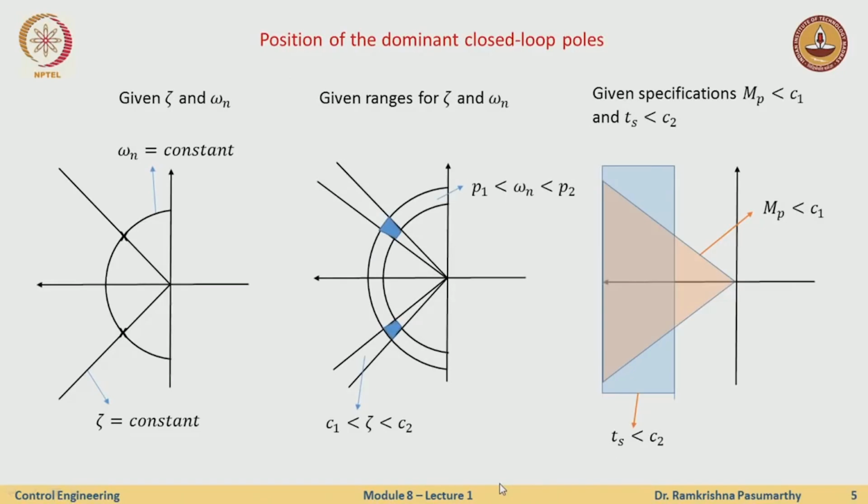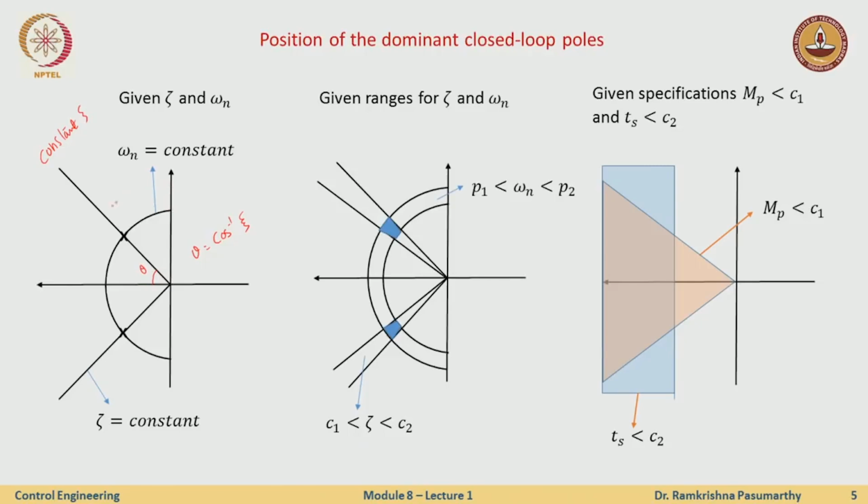If I look at it graphically, given a zeta and given an omega n, I can look at this. These are lines which are constant zeta lines, right? And how is this angle theta determined? Theta is cos inverse zeta, and these are lines which have constant frequency.